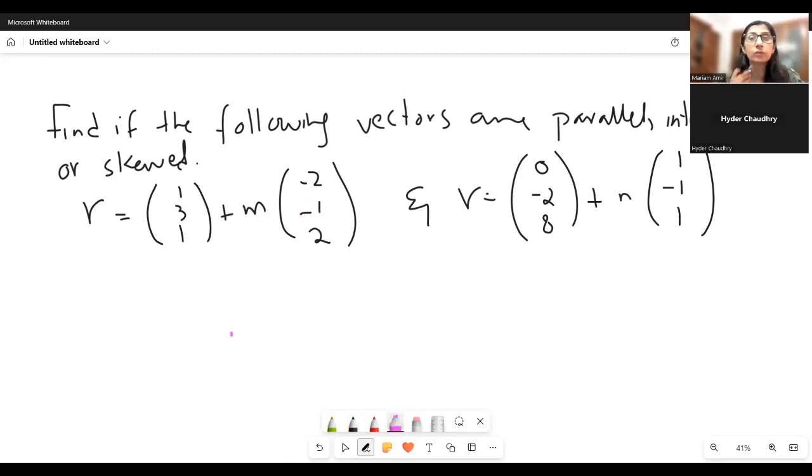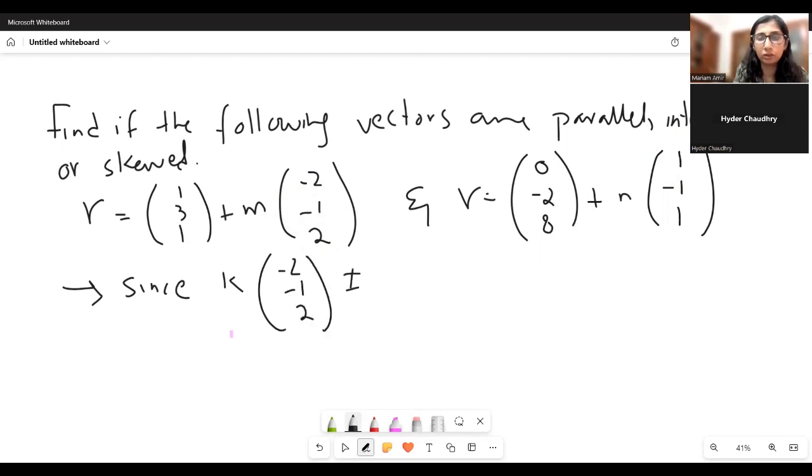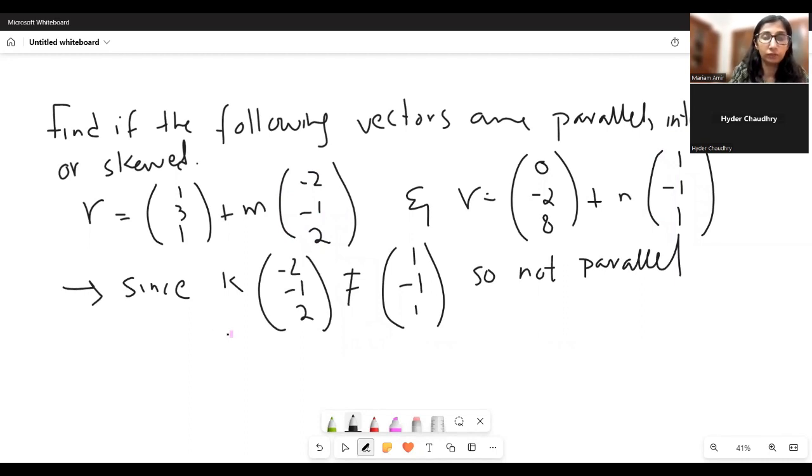Anyway, now first we can tell that they're clearly not parallel because these two direction vectors are not scalar multiples of each other. So since k times (minus 2, minus 1, 2) is not equal to (1, minus 1, 1), so not parallel. Now let's check if they intersect or not. For that, you solve these simultaneously.